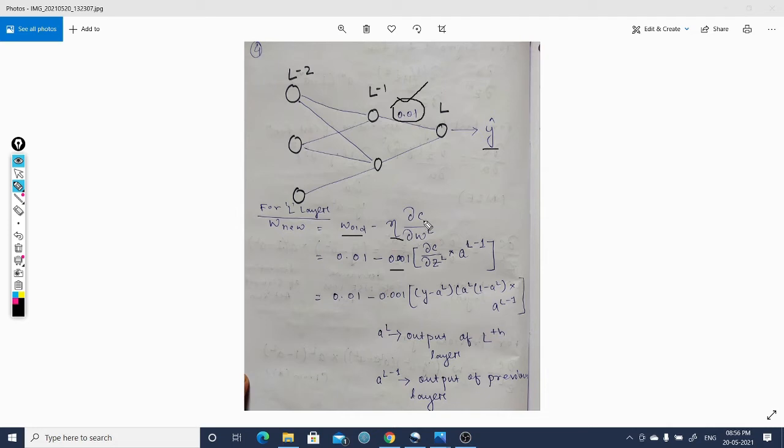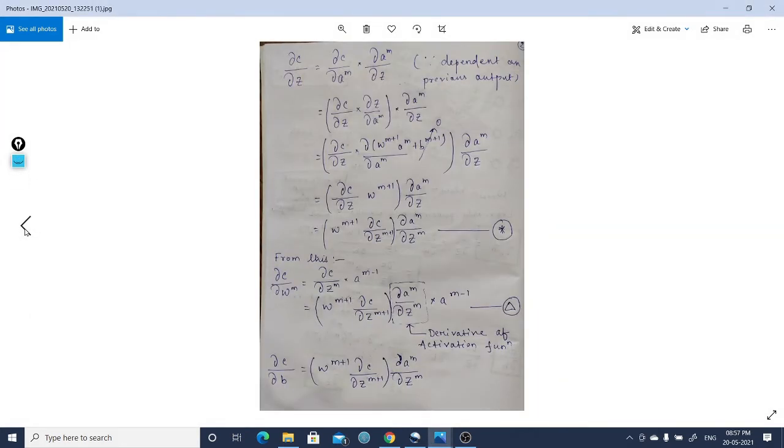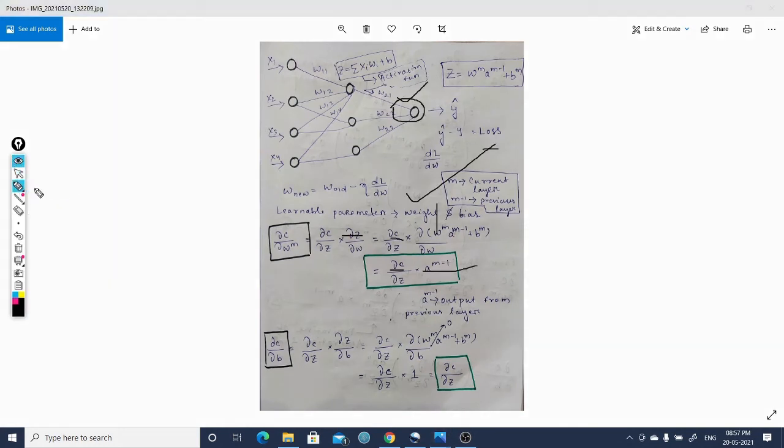We need to calculate dC by dW to update the weight. dC by dW is nothing but the change of loss with respect to the weights. Just remember the formula: dC by dW is nothing but dC by dZ times the previous layer input, that is A L minus 1.